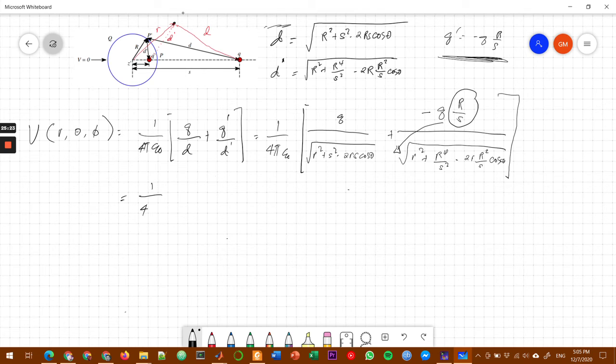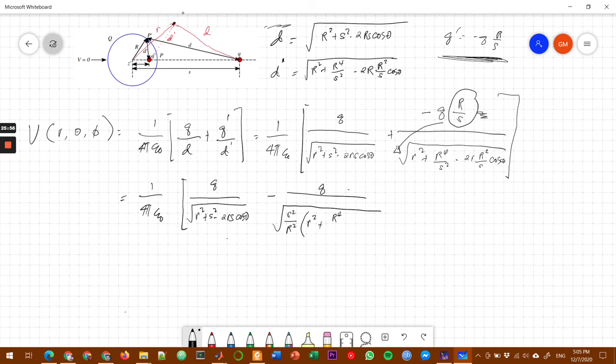So I will now have q over r squared plus s squared minus 2rs cosine theta, minus q, and then this would be s squared over r squared times, I bring it to the denominator, so I have r squared plus r to the fourth over s squared minus 2r r squared over s cosine theta.